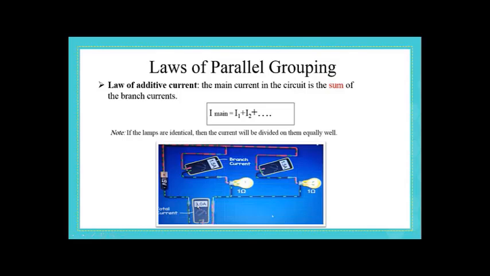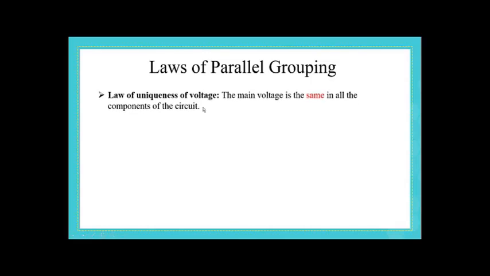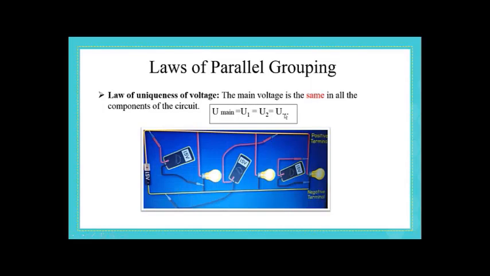For example, this is the main current, and these two lamps are identical, then check the branch currents, 1.5 and 1.5. Concerning the voltage, we have the law of uniqueness of voltage, which means that the main voltage is equal to the voltage across the terminals of the different components. So 1.5, 1.5, and 1.5.